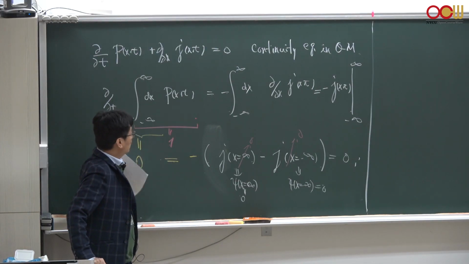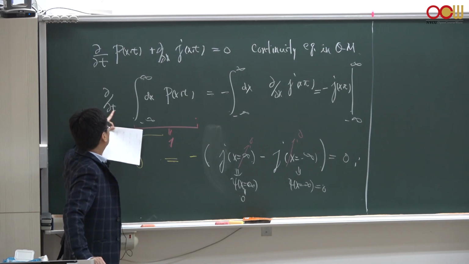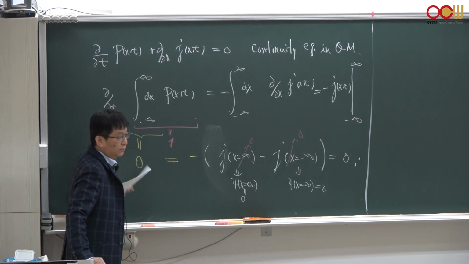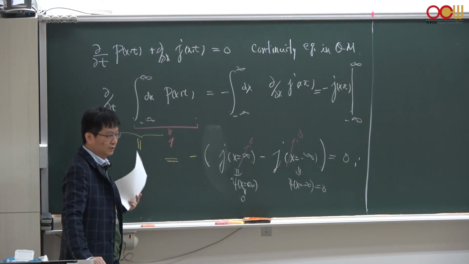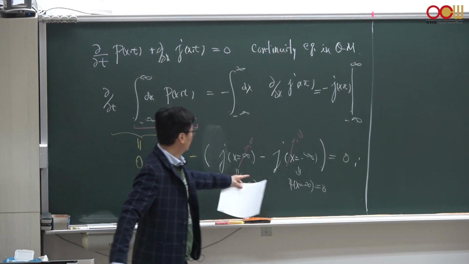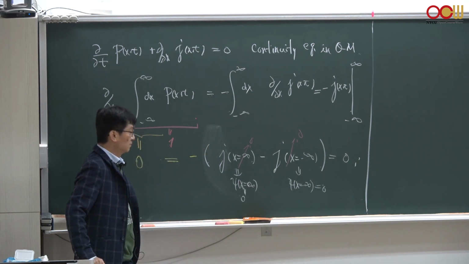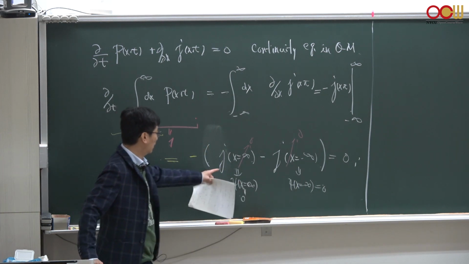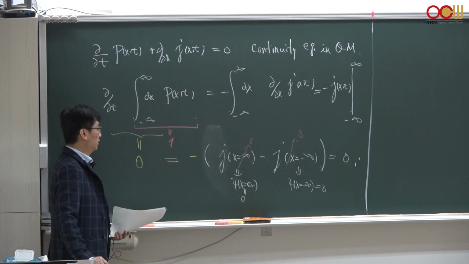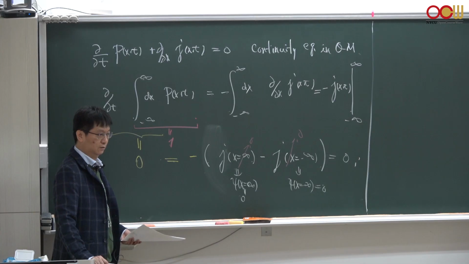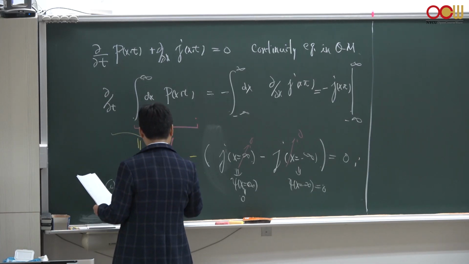So this identity tells you that the time change of the total probability is 0, which also tells you that you get conservation of matter, conservation of current of particle flow.